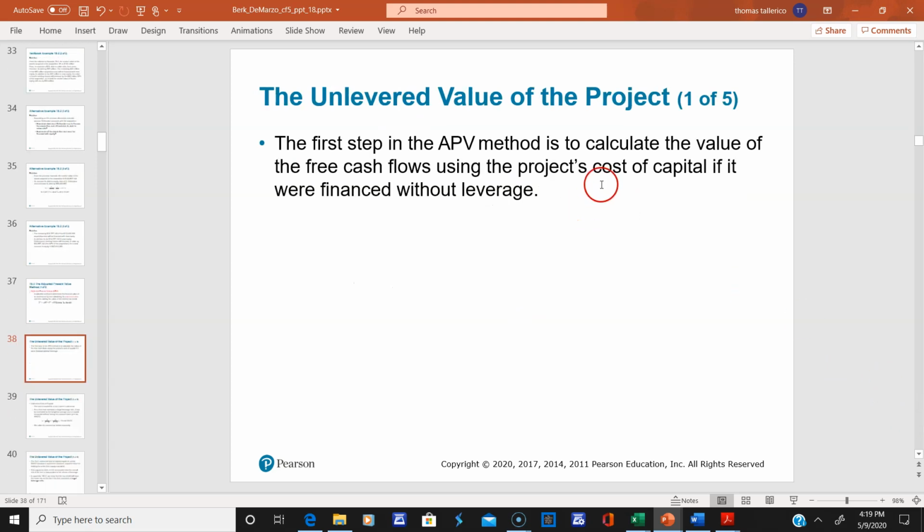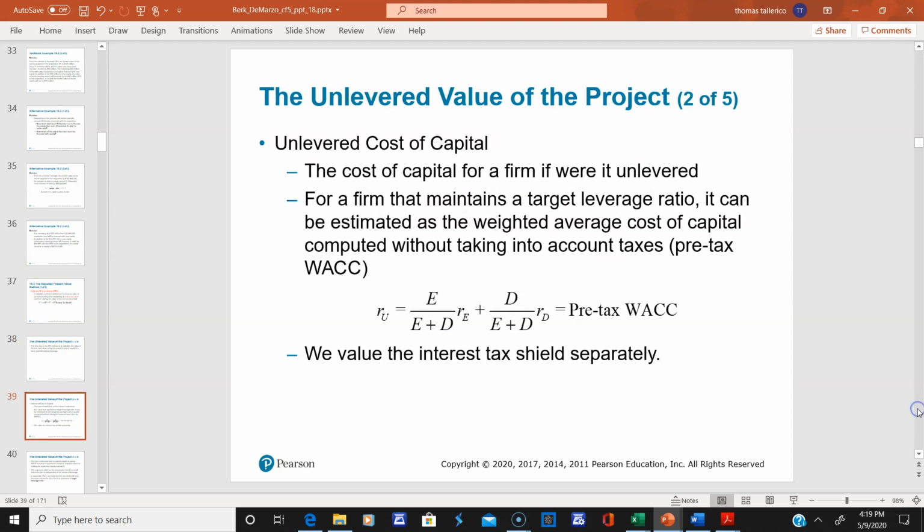So there are a couple of steps involved. We have to calculate the value of the free cash flows using the project's cost of capital if it was financed without leverage, so we do the without-leverage part first. The unlevered cost of capital is right here. Notice there's no 1 minus the tax rate.